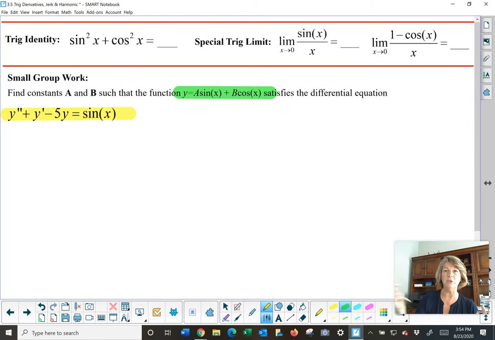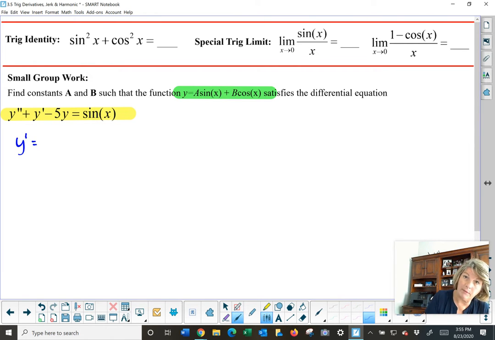I think the first thing we should do is get to the y prime and get to y double prime. So let's proceed with that plan. Obviously let's start with y prime. And y prime would be a cosine x minus b sine x.